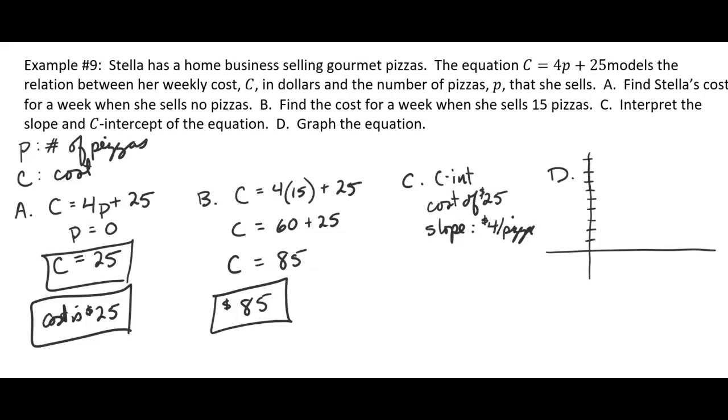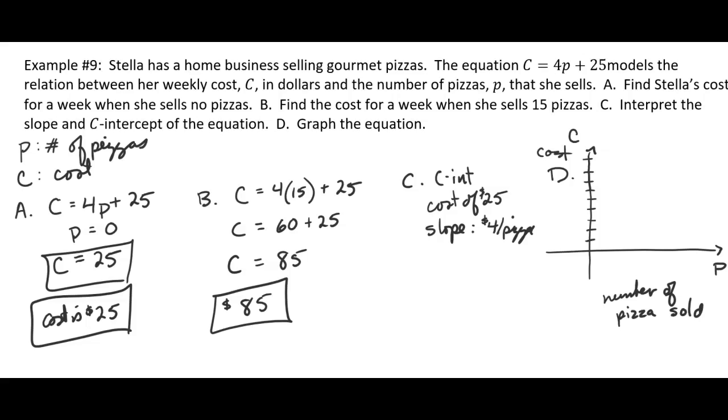And then the number of pizzas that we're selling. Well, at one point we sold 15 pizzas. So this is my number of pizzas that I'm making and selling, and this is my cost up here. You could write something like number of pizzas sold, and then write cost in dollars over here someplace.